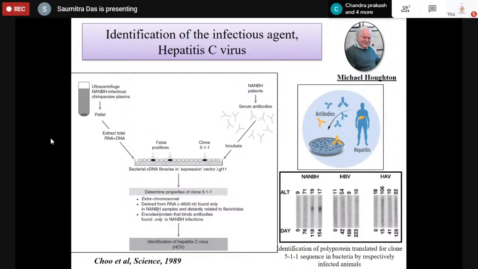The encoded protein, they found, binds specifically to the antibodies collected from the patient sera of non-A, non-B viral hepatitis. And this is the Western blot they showed in that Science paper in 1989, that it lights up specifically for the serum from non-A, non-B viral hepatitis, not with hepatitis B and hepatitis A. So this was actually the first report on the hepatitis C virus.